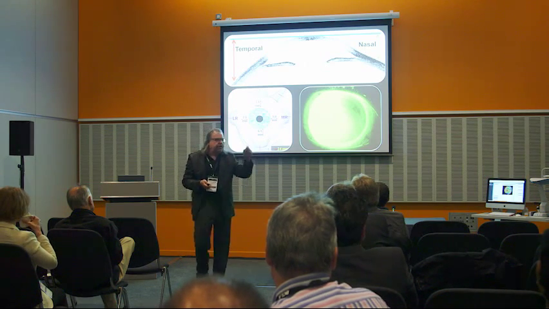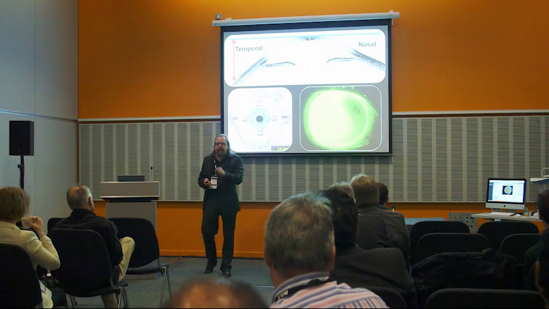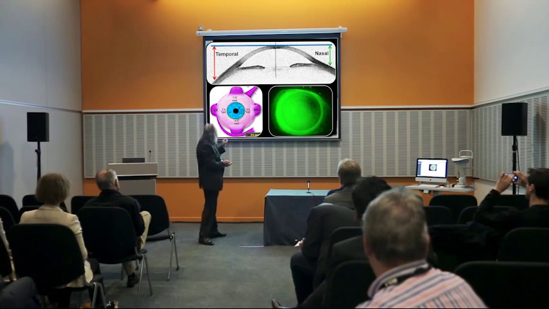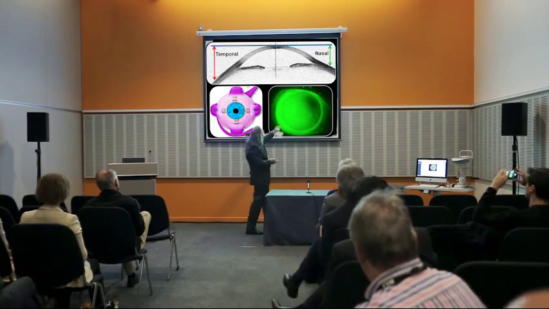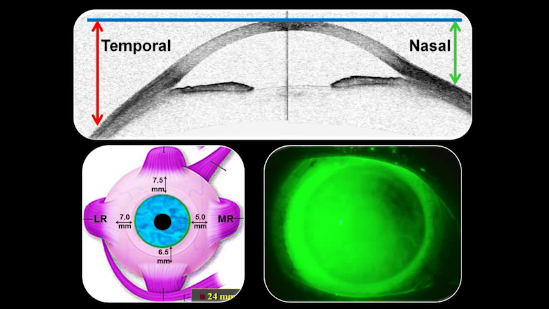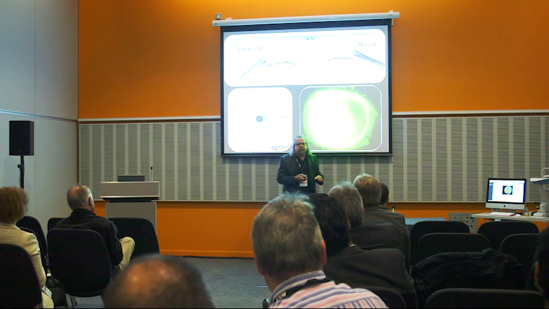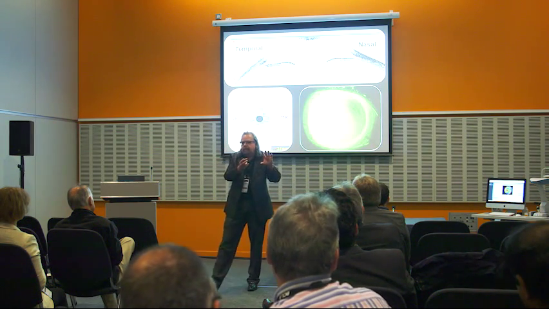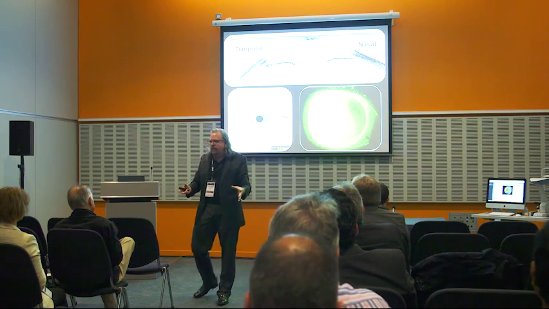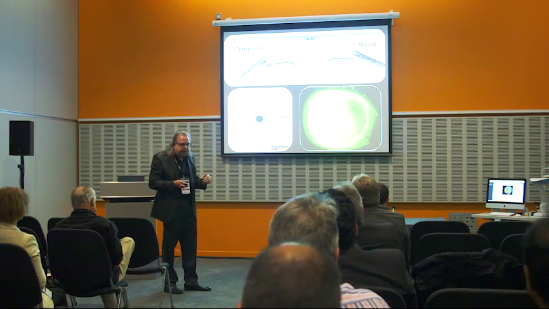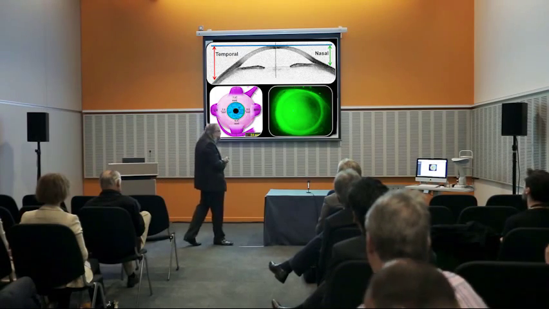And that elevation is always going to be on the nasal side. We can see here too that the data will show us that the superior portion is higher than the inferior. So we'll notice our scleral lenses all ride slightly temporal and slightly down. It's just related to the height differentials in the sclera.